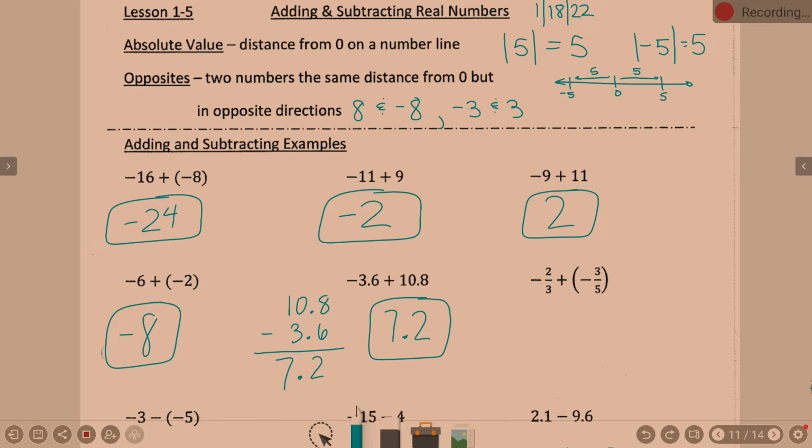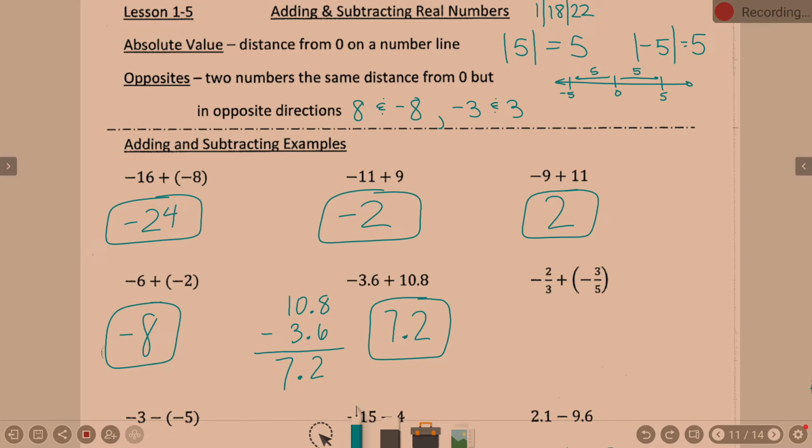Okay. Is this the scariest one of all? I don't know how we feel about fractions, but fractions are usually scary. Now, okay, what's the rule? In order to add or subtract fractions, what has to be true? You have to have a common denominator.